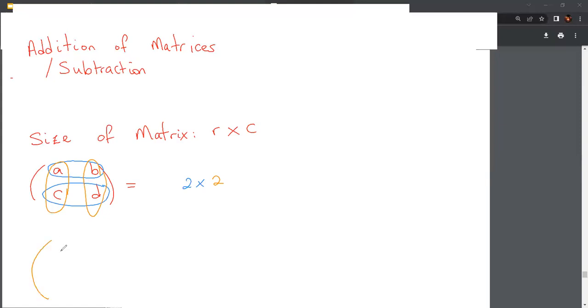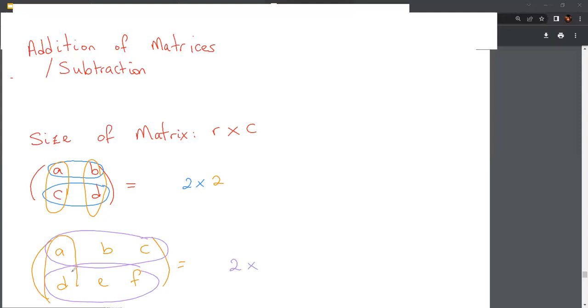Let's say they gave us one like that, and they asked you for the size or order of this matrix. You first check your number of rows. You have 1, 2 rows. And then you check your number of columns.